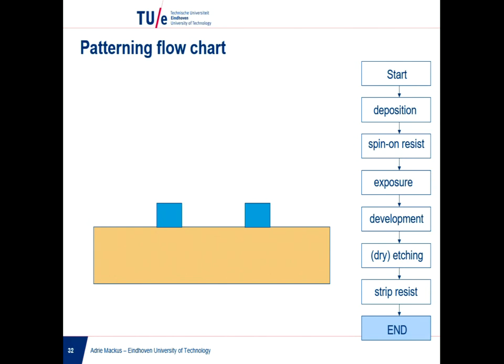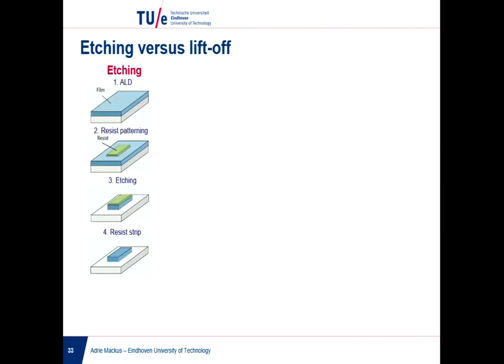So basically a series of steps to define those features. And we can summarize it like this. So these are the main steps. We first deposit the film, then we pattern the resist, etching, and then you strip the resist. So this is the most basic approach.